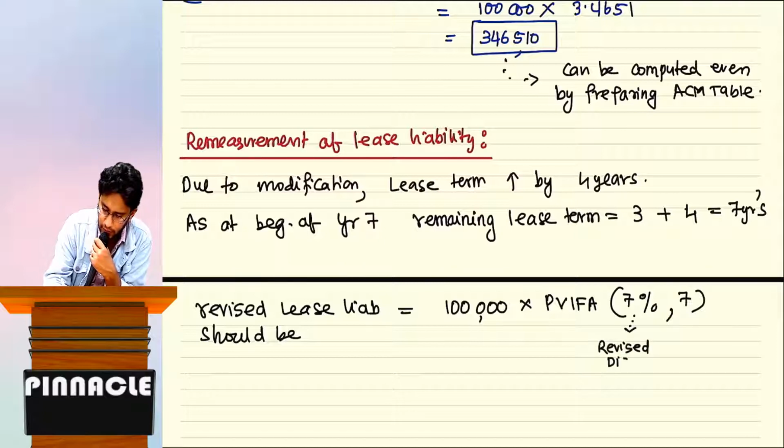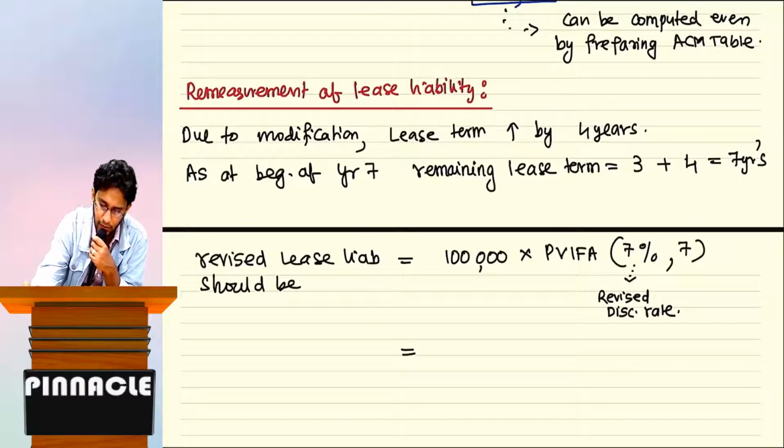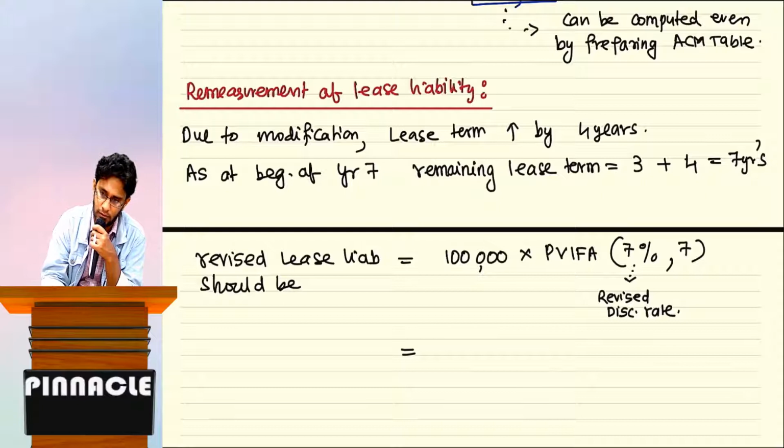Revised discounting rate. In modification remeasurement you have to only use the revised discounting rate. Remaining 8 years, count. You are at the beginning of the 7th year, correct, 8 years. 7, 8, 9, 10, 1, 2, 3, 4.